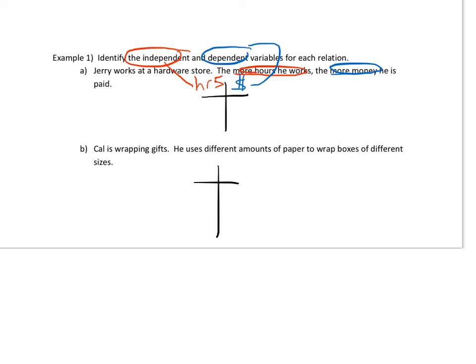But one would say that you are going to choose the amount of paper, depending upon what box they pick. So I would say the box is in control, because the size of the box will decide how much paper that you will use.